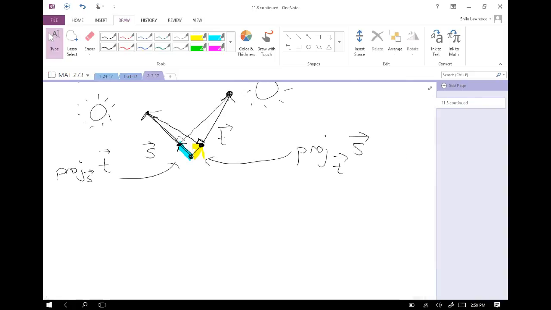Questions about projections? When I was in college, my teacher taught it terribly. Didn't explain any of it, didn't talk about the shadow, didn't talk about a scalar multiple of one vector to the other. They just kind of threw the formula at us and said, you need to know this formula. This is what it's called. That was one of my least favorite things in Calculus 3 because it made no sense to me whatsoever.